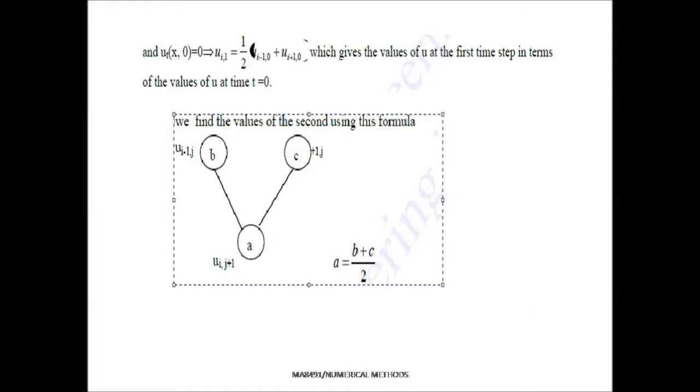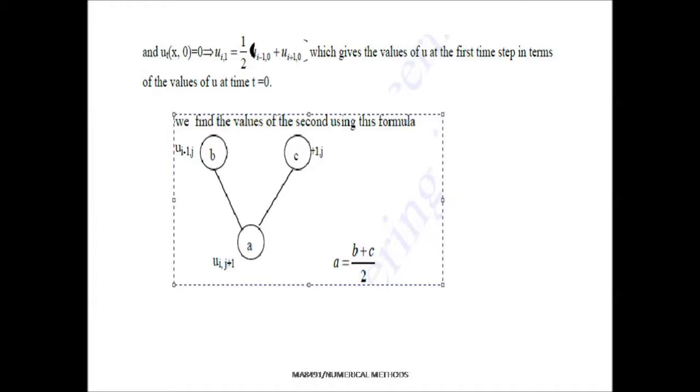When the initial condition is t = 0, you can apply this formula to find your values, which is represented in the pictorial form. If you want to find the value of a, we take the values of b and c and divide by 2. So the sum of b and c by 2 will give you the value of a.